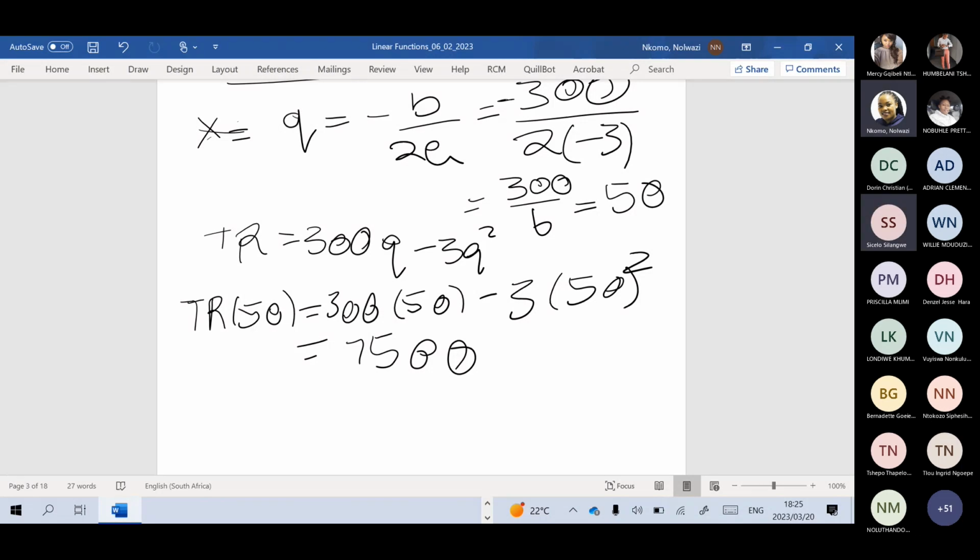The 50 in bracket next to TR? Oh, I was trying to find the corresponding total revenue if Q is equal to 50. Okay, no, I see. Okay, thanks.